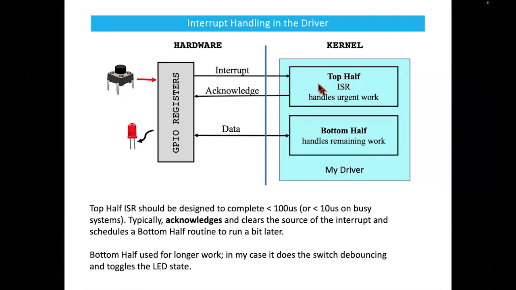Or even if you've got a busy system where there's a lot of interrupts going on, so you're controlling a lot of hardware and they're all generating interrupts, you want this top half interrupt service routine for your little bit of hardware to complete in probably less than 10 microseconds to stop holding other things up. Because remember, every time you're dealing with an interrupt request, you're stopping a lot of other stuff from working.